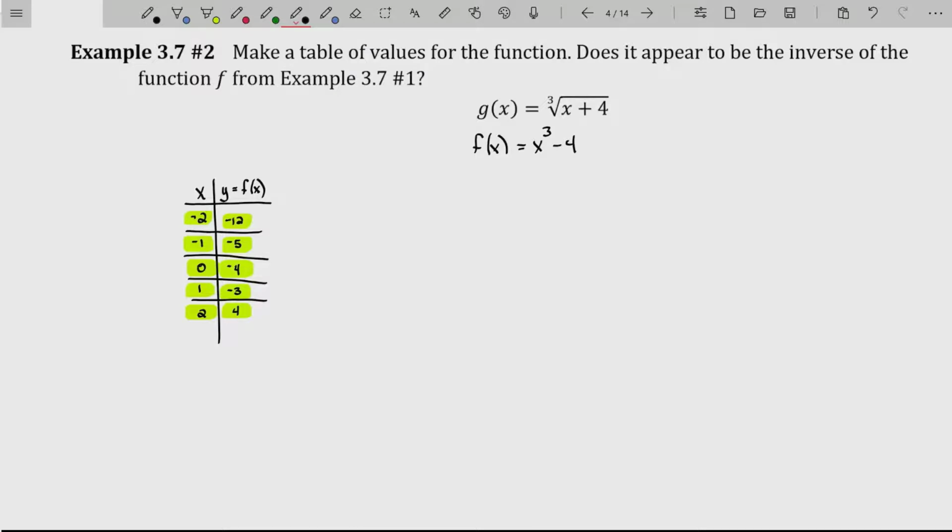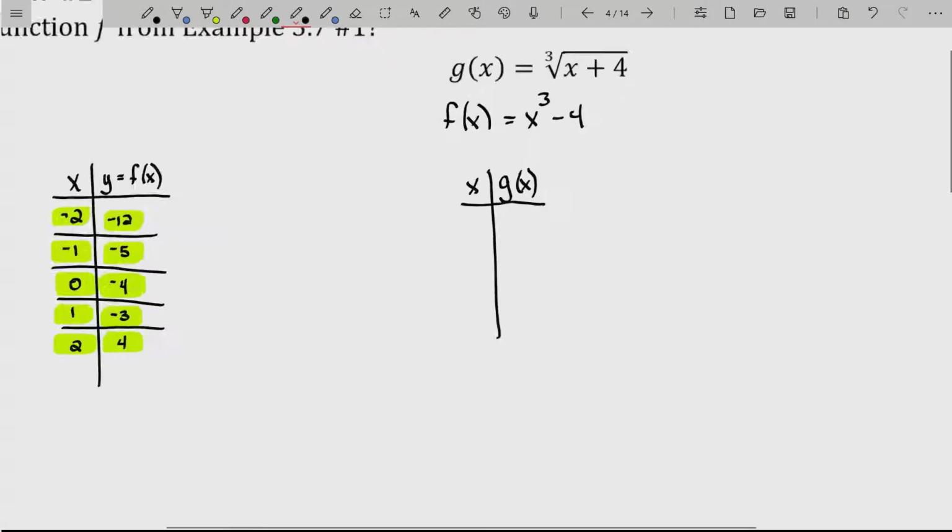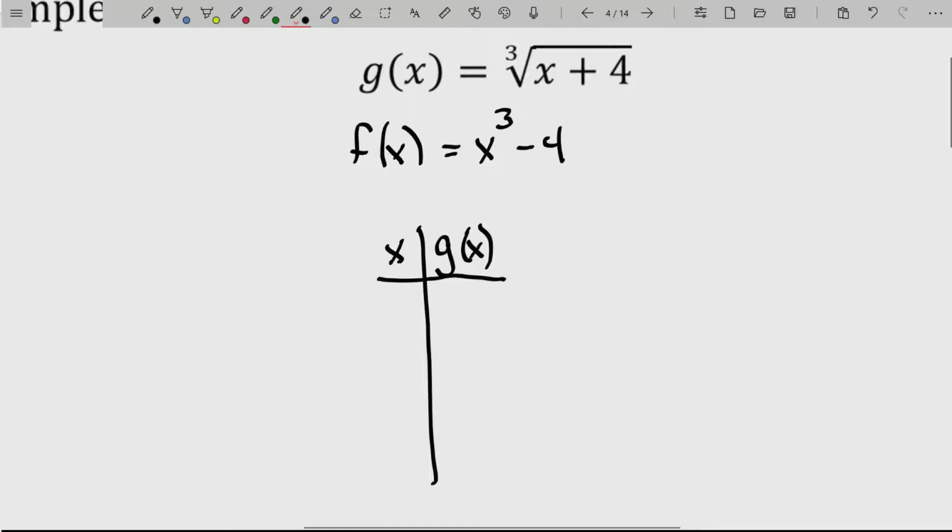All right. So let's go ahead and see if f and g are inverses of each other. So let's build a table for g. Now remember, we're only checking to see if it looks or appears that g undoes f, or g is the inverse function for f. So we're going to plug in values into g and see what their outputs are.